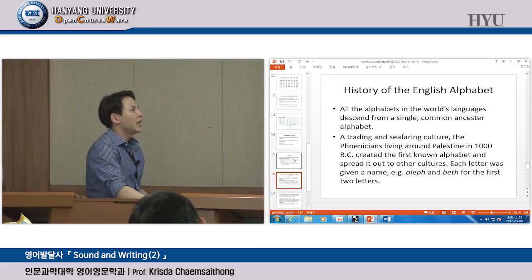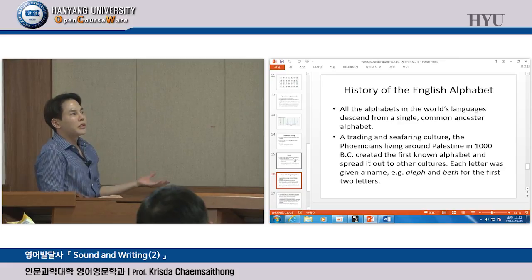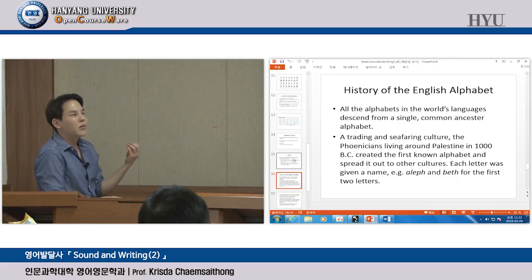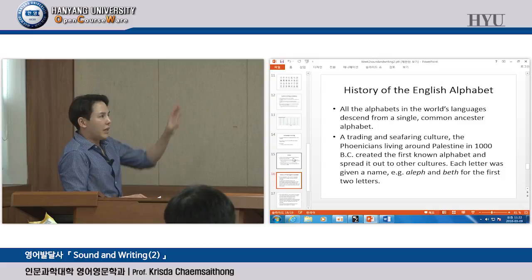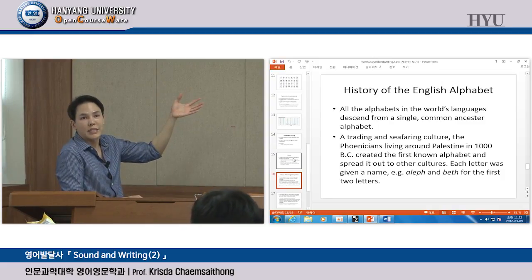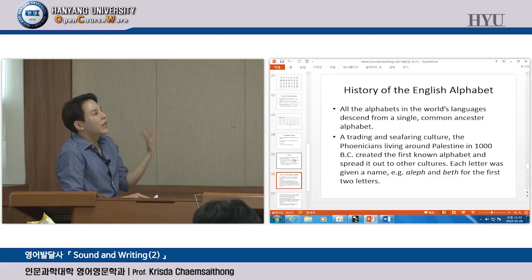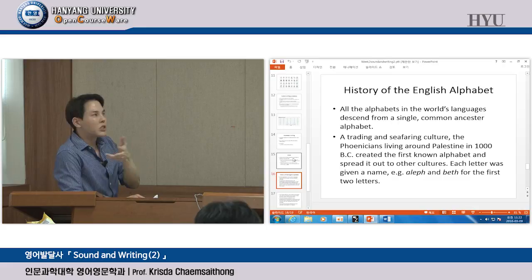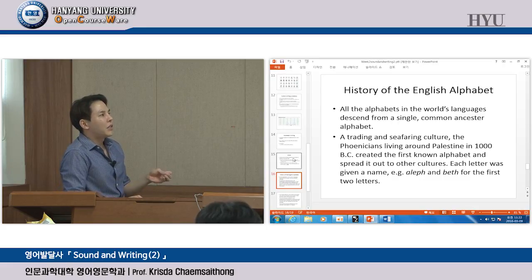It's believed that all the alphabets in the world's languages, no matter what language, descend from one alphabetic system. We're not talking about the logographic system like Chinese. But for the languages that use the alphabetic system, like English, Hebrew, and so on, we believe that they descend from a single common ancestral alphabet.